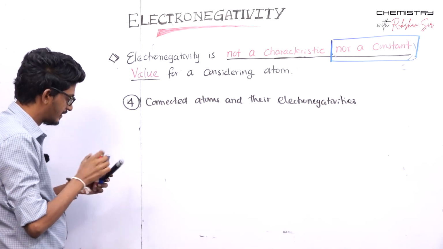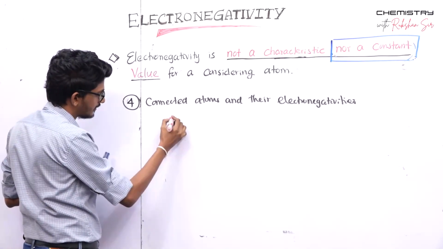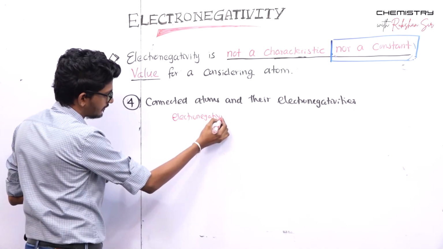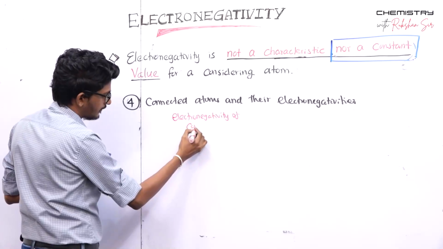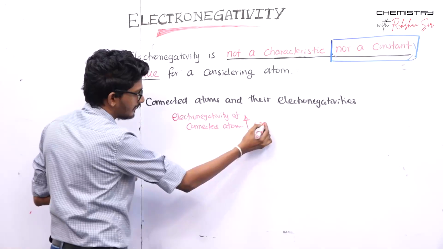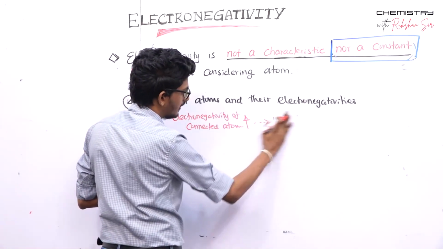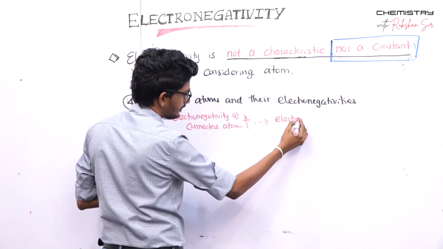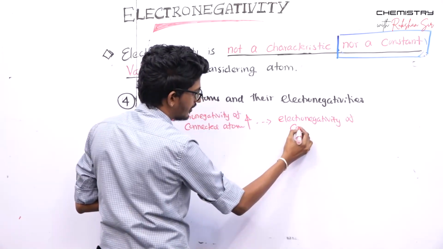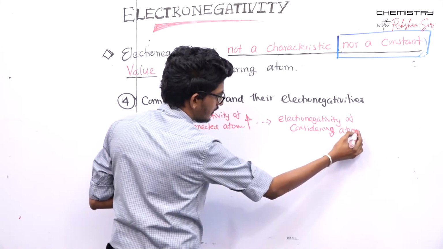According to this theory, when the electronegativity of the connected atoms is high, then the electronegativity of the considered atom is also high.